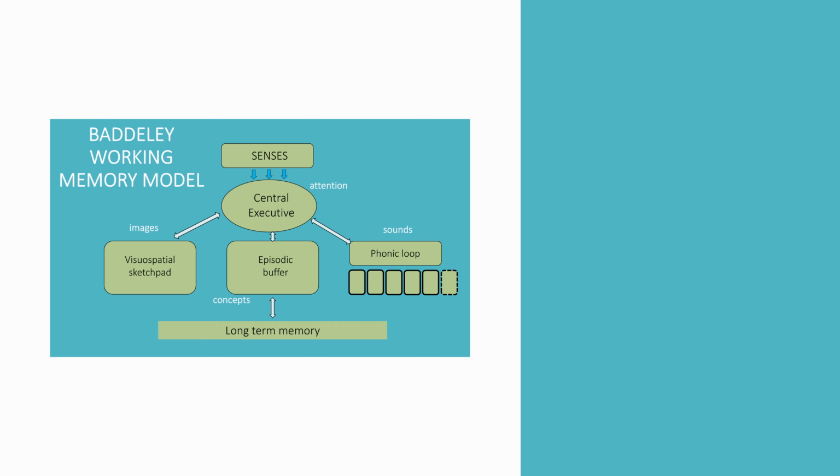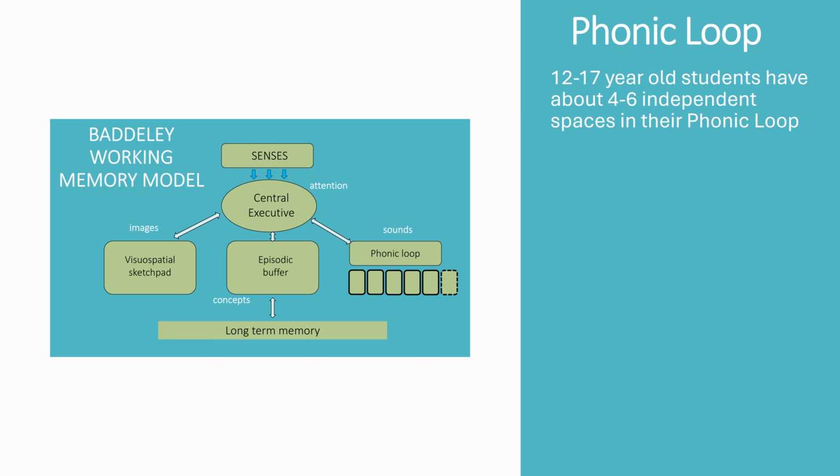Now, if I want to link two new ideas together, often what I might do is come up with two words that are linking two different concepts together. Now, one of the problems that we have is this information stored in our phonic loop, and when we're 12 to 17 years old, we might only have 4 to 6 spaces in our phonic loop.